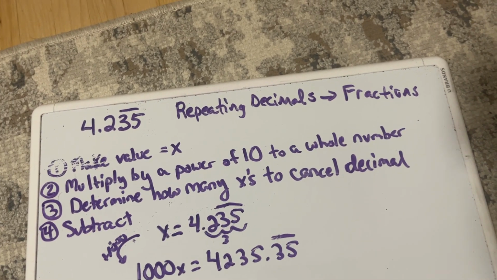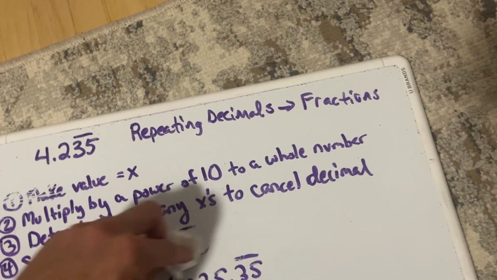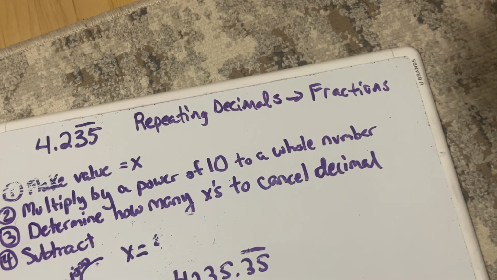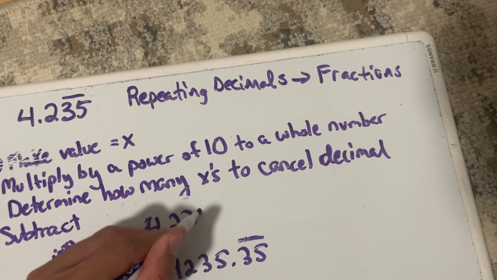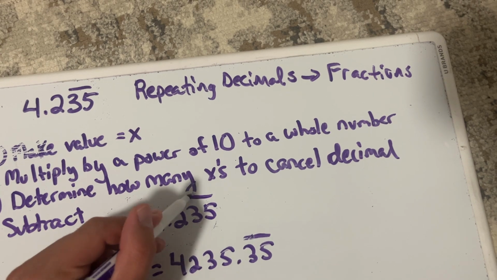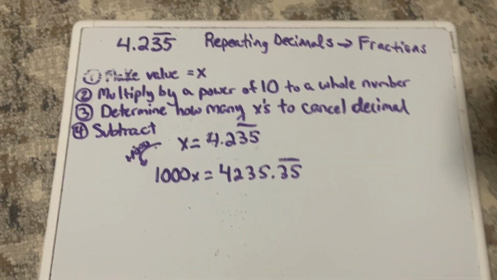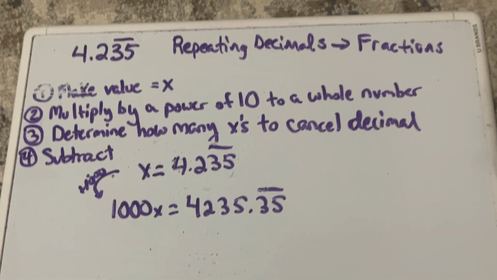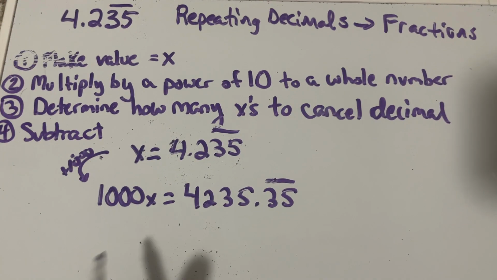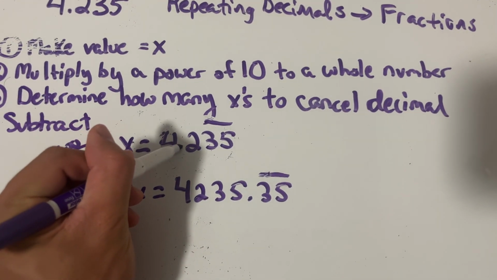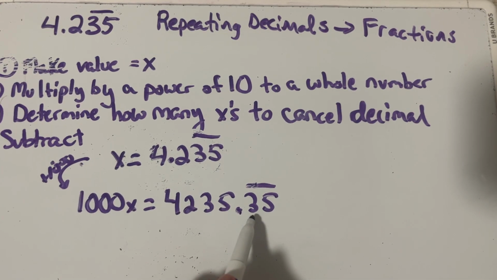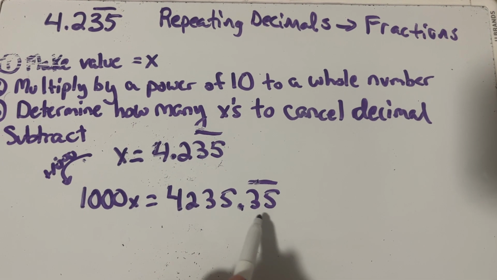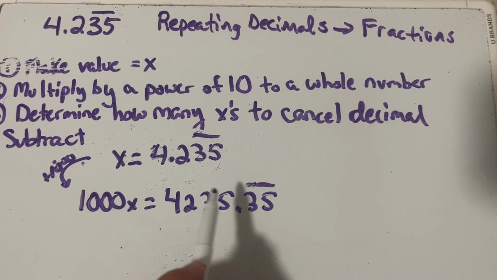So I'm going to clean this up a little bit so that we can see this a little more clearly. So right now I have my decimals here. I want to be able to get rid of this 0.35 repeating.